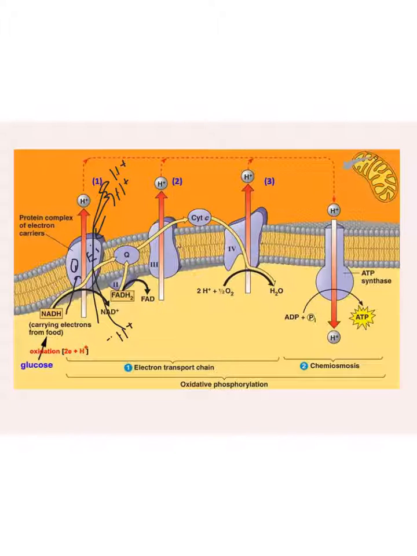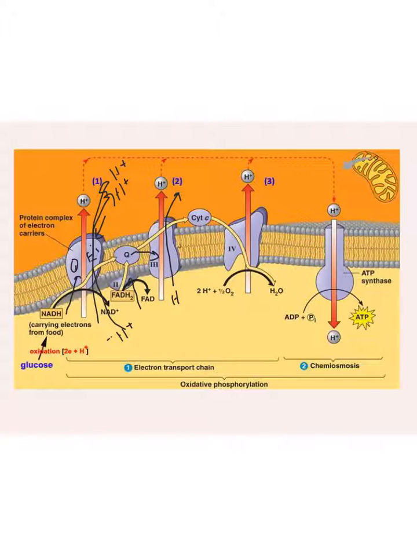This complex 2, this is where FADH2 drops off its 2 electrons. It gets passed to this mobile carrier and then passed on to complex 3. When the electrons reach here, 2 more hydrogen ions are going to be pumped out.